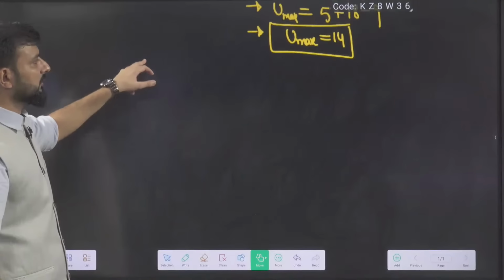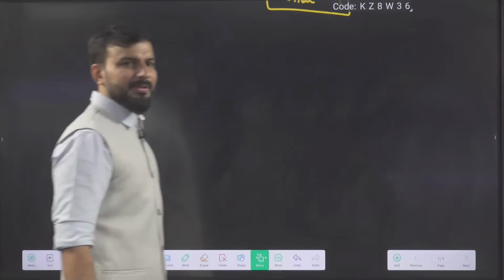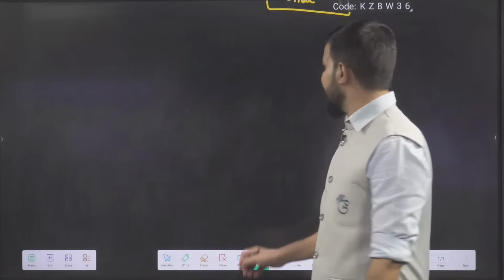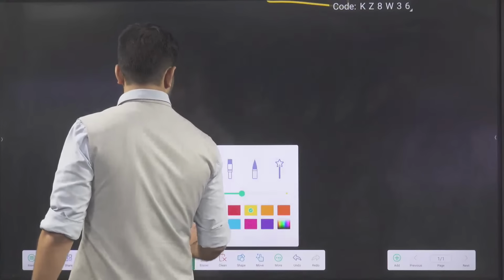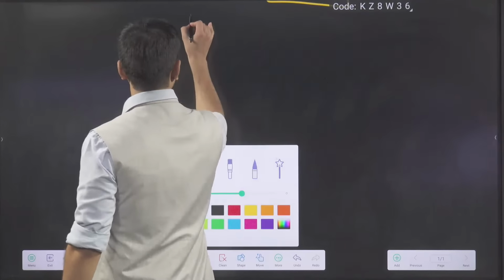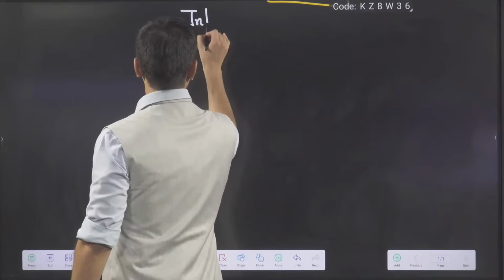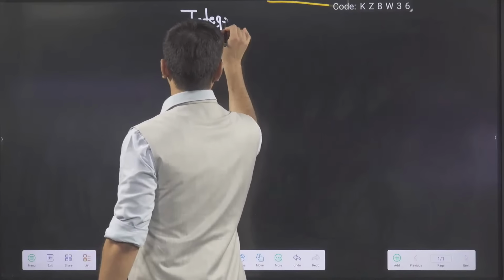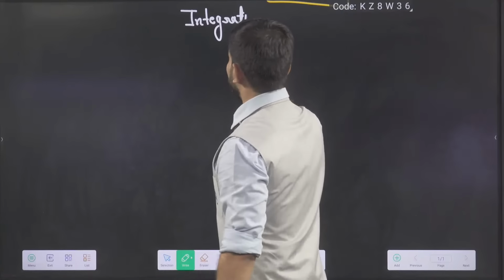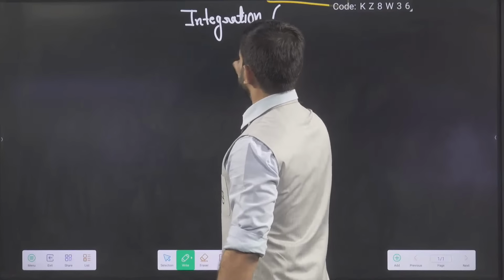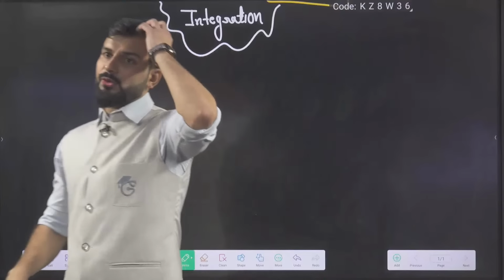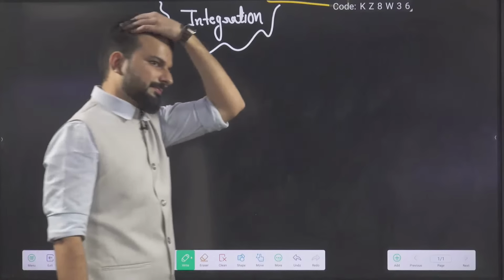Okay, so now the next topic that I'm going to start is integration. Next topic you are having is what? Integration. It is also a very easy topic, and it is also a mathematics topic, and it is purely invented by Leibniz.